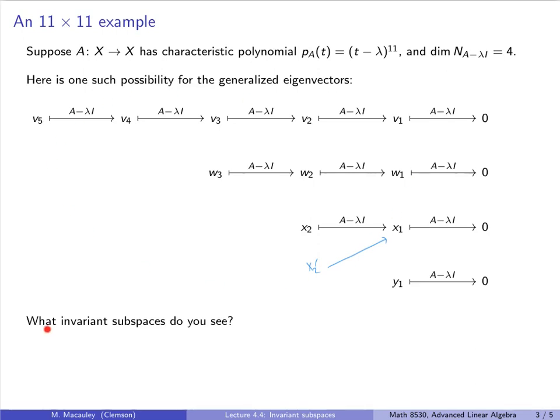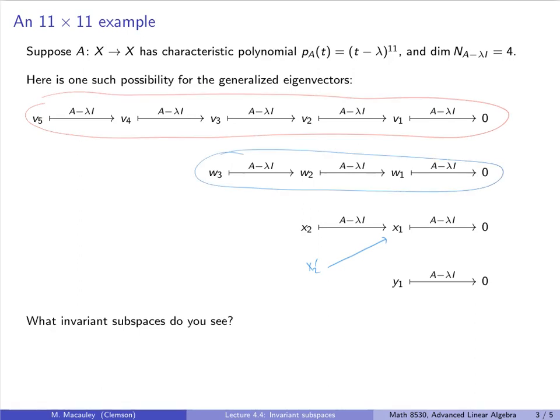Now, let me ask, what invariant subspaces do you see? And there's a lot of them. So first of all, there is the subspace spanned by all of these. Each row will span a subspace. So that row, the second row, well, I don't really need these zeros, but it doesn't hurt to include them if we're just talking about subspaces.